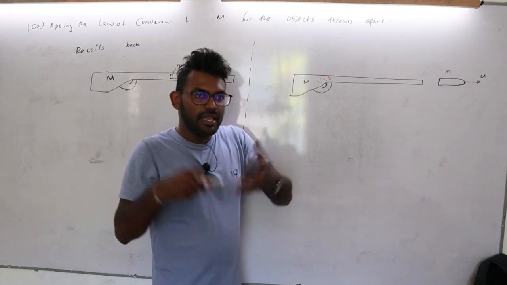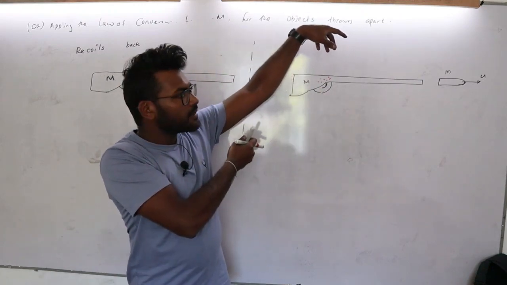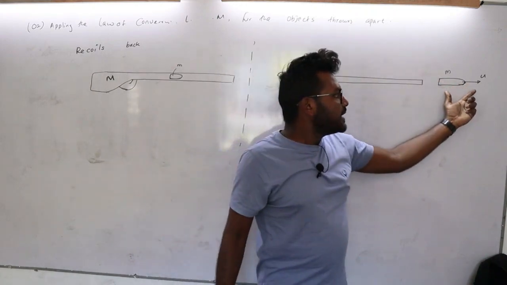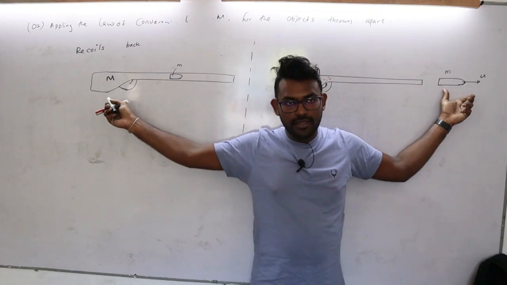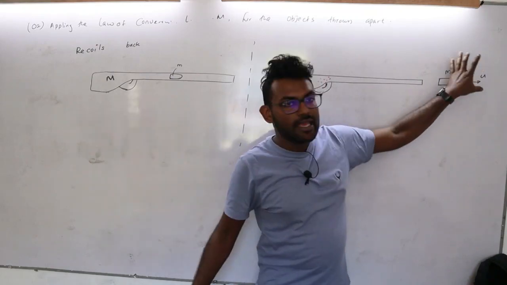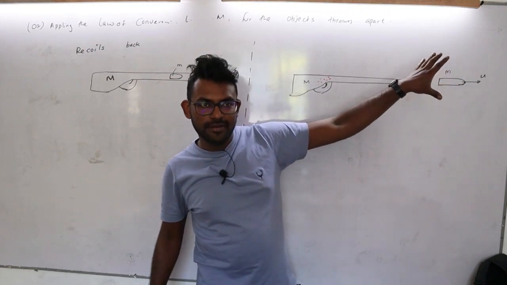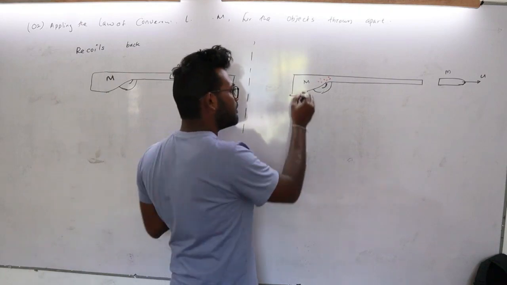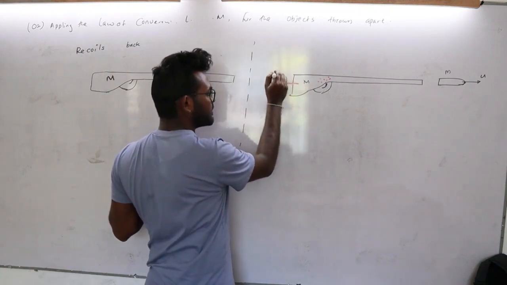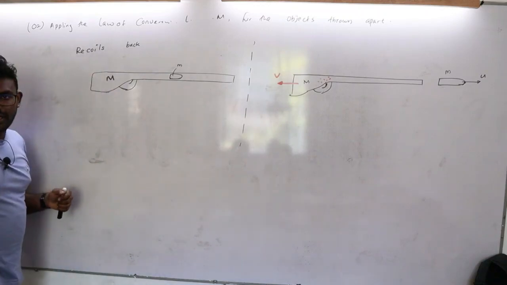So there's no external force applied on it. So it has gained a certain final momentum, but initially there wasn't any. This should cancel off. To make it cancel, the gun should move backwards, which is called recoiling.